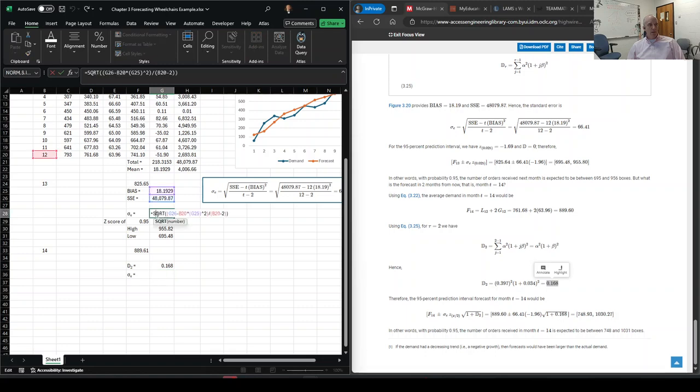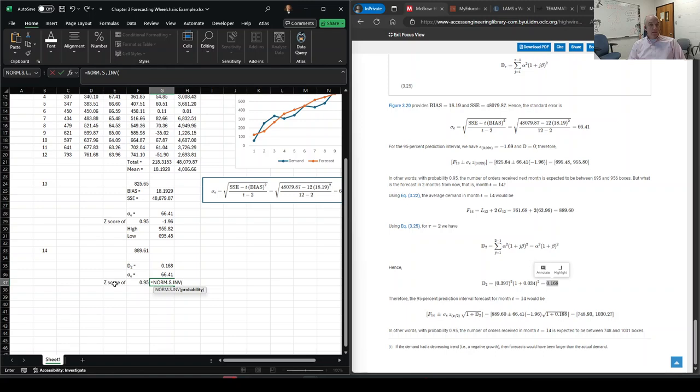So I could just reference it. Even better. Let's go ahead and calculate the z-score. This is also going to be the same. We're not changing the z-score, but we'll include it here. 0.95. And again, we're going to use NORM.S.INV.